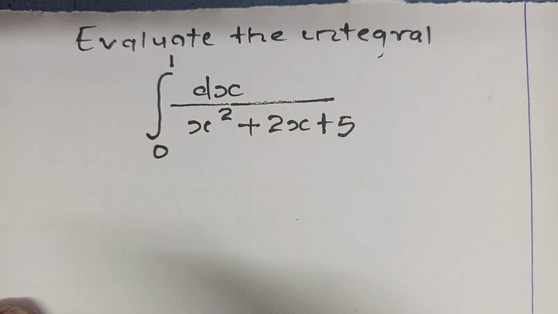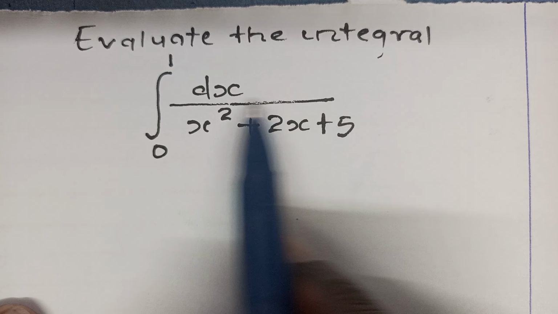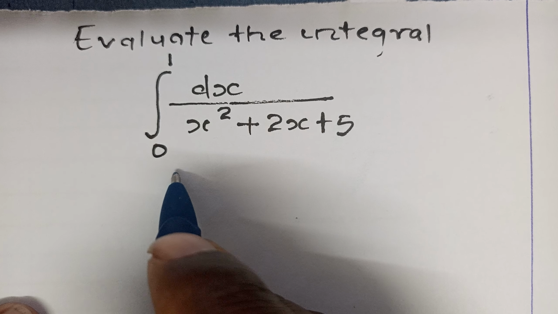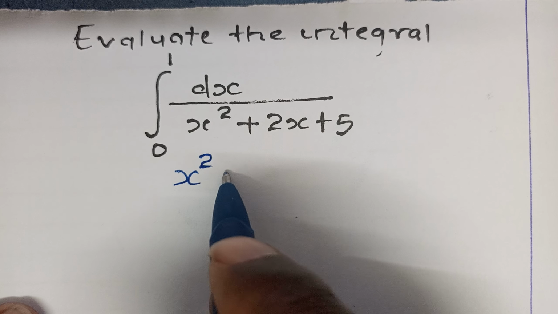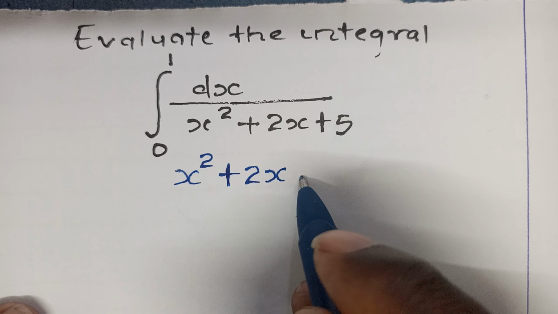The first thing we are going to do is complete the square for this denominator term. So we shall have x squared plus 2x plus 5.